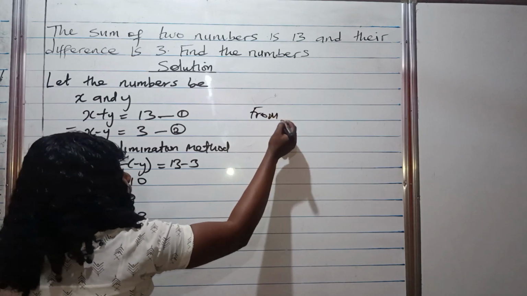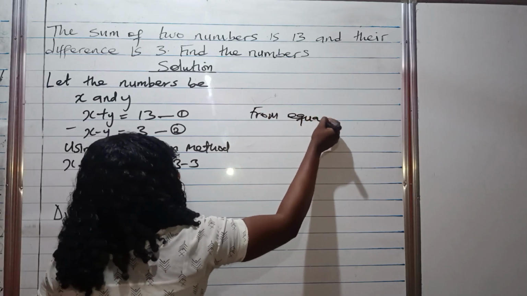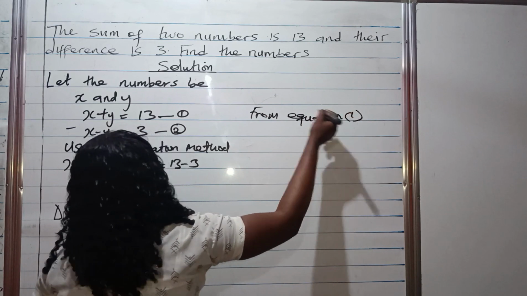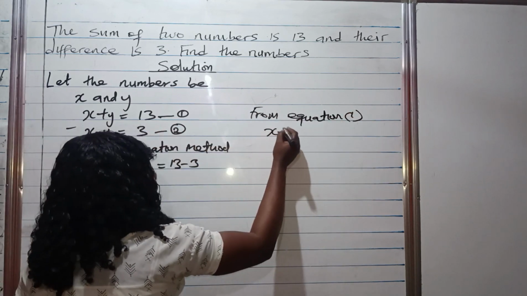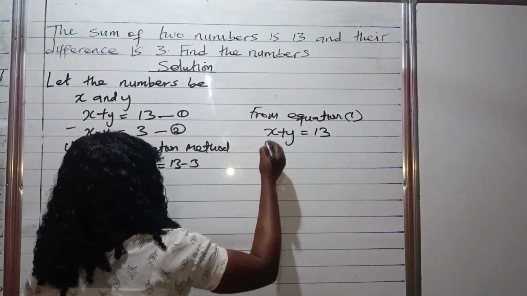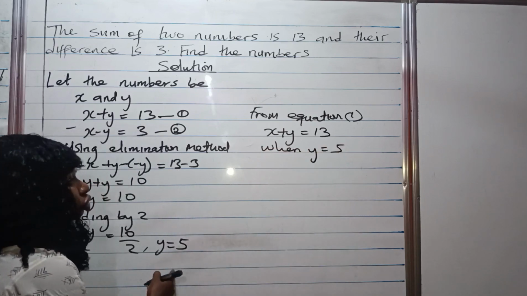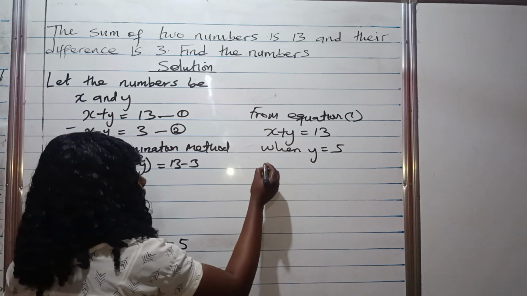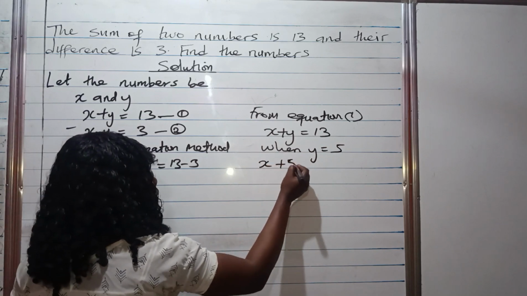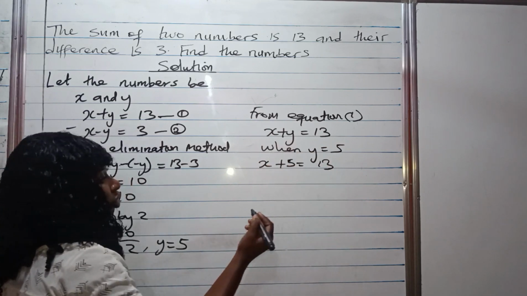We have equation 1 as X plus Y equal to 13. When Y equals 5, according to our solution here, we put in the value. We have X plus 5 equals 13.